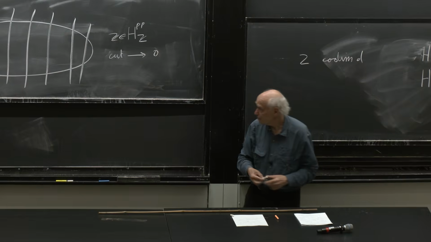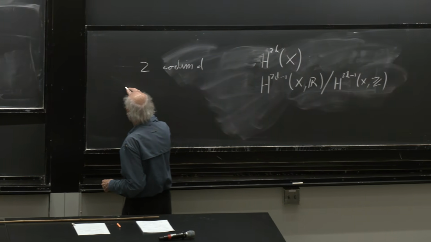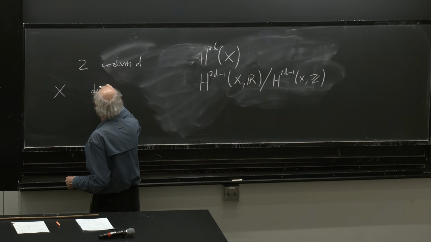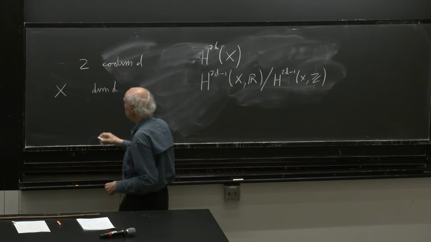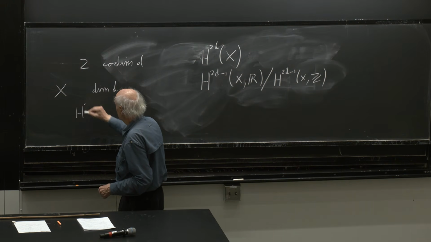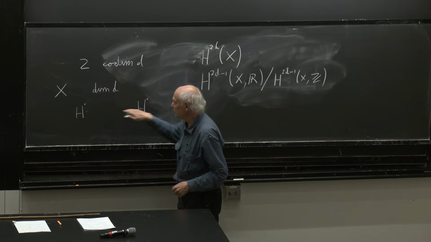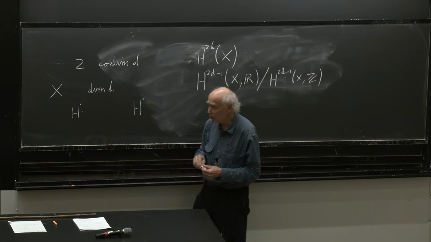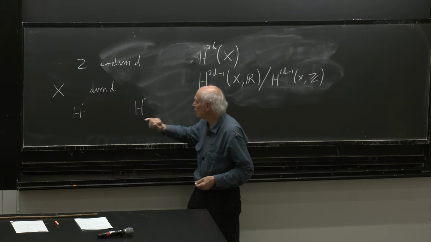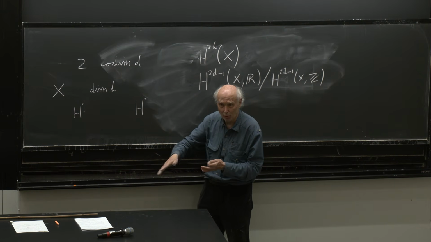For instance, if I have a variety X of dimension D, I can look at two cohomology groups which are equidistant from the middle, and I can pass from the circle corresponding to one to the circle corresponding to the other by cutting with a hyperplane.